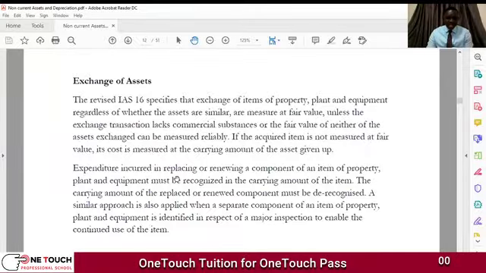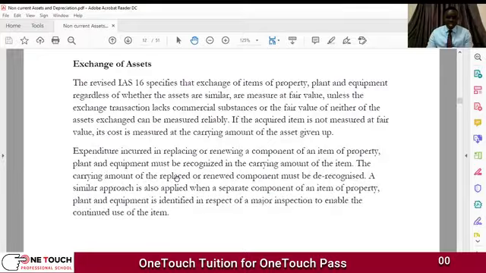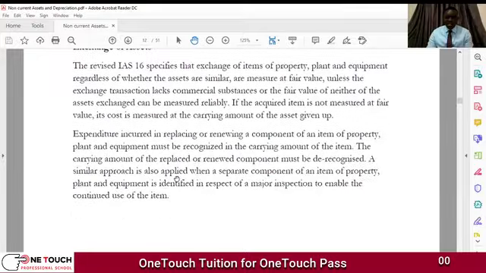Expenditure incurred in replacing or renewing a component of an item of property, plant, and equipment must be recognized in the carrying amount of the item.